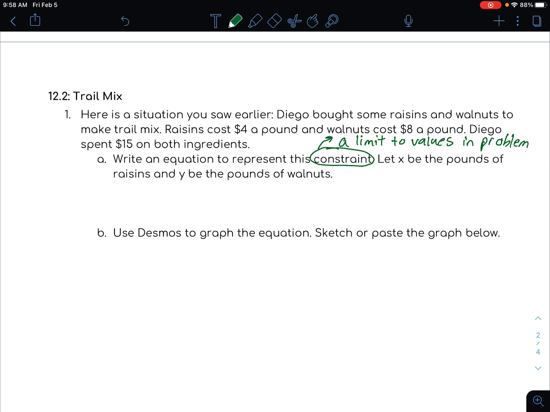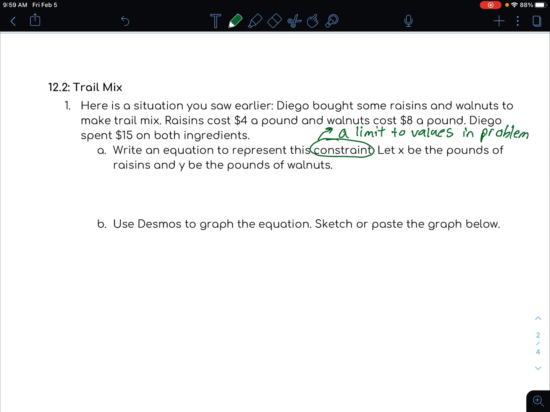Raisins being $4 per pound is a limit to the cost of the raisins, and walnuts being $8 a pound is a limit to the cost of the walnuts. And $15 total spent is a limit as well. Positive values will also be limits, because it wouldn't make sense to have negative pounds of raisins and walnuts. So a constraint is a limit to the reasonable values.